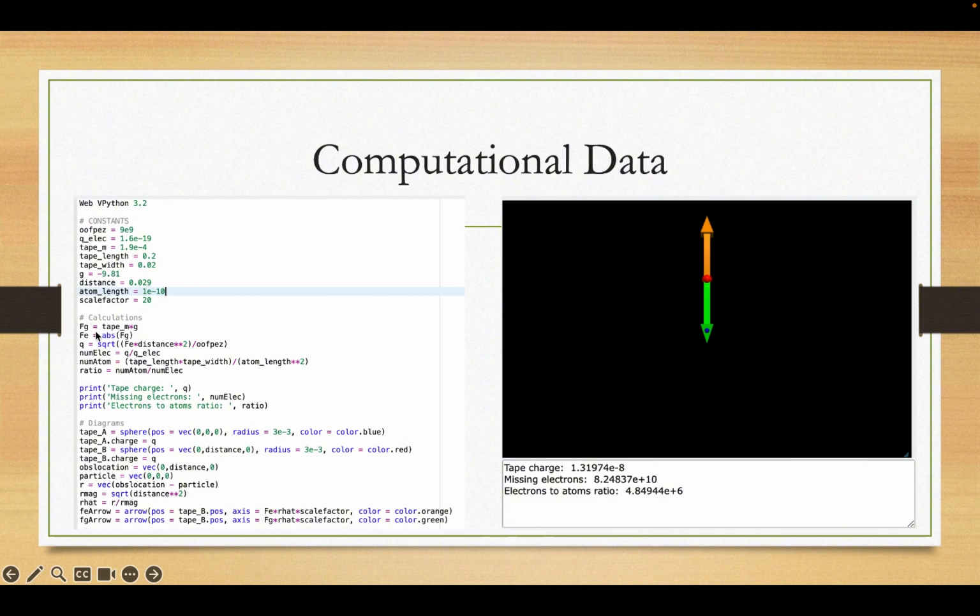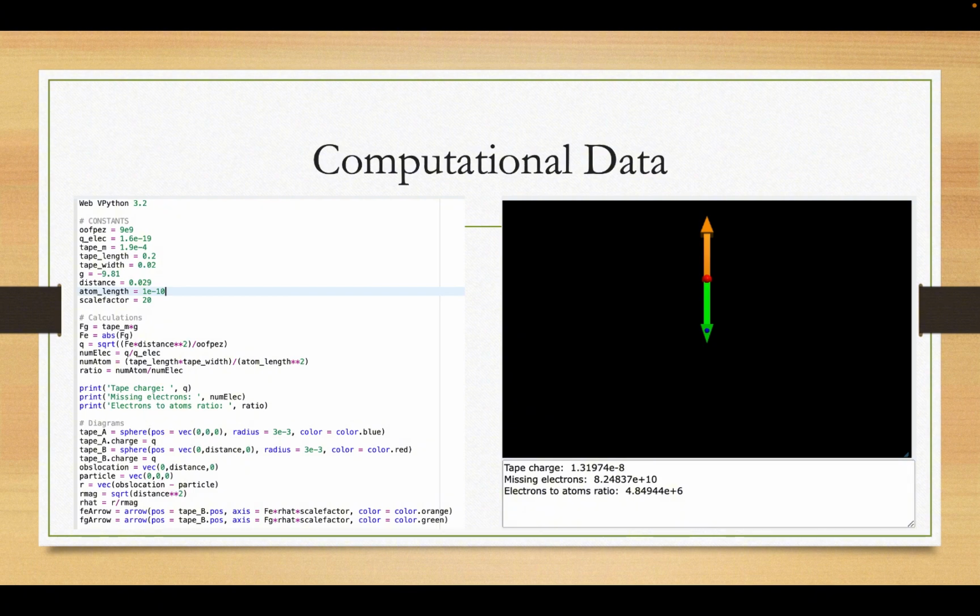Here we calculated our gravitational force and our electric force to find the total force acting on our system. We found the charge by using this equation, and in the end, we found that the tape charge was about 1.32 times 10 to the negative 8 coulombs.